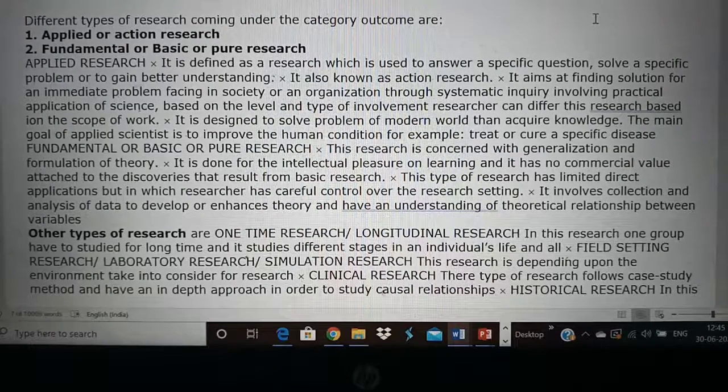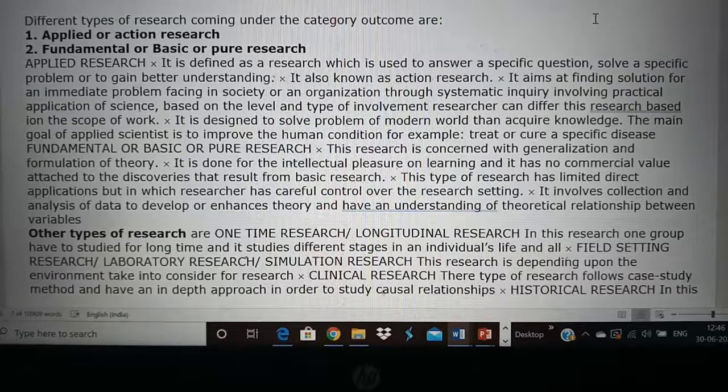That is, it is done where there is mainly theoretical. For example, if you see in Vellore Institute of Technology, they do a lot of theoretical research. And even in Karigiri, for example, if you do research which is not applicable to patient care, then it is theoretical research.